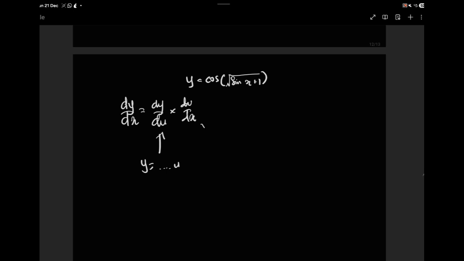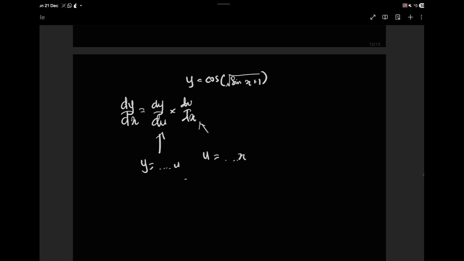The same goes for du over dx: the differentiation needs to come from a function of u equal to some equation in terms of x.